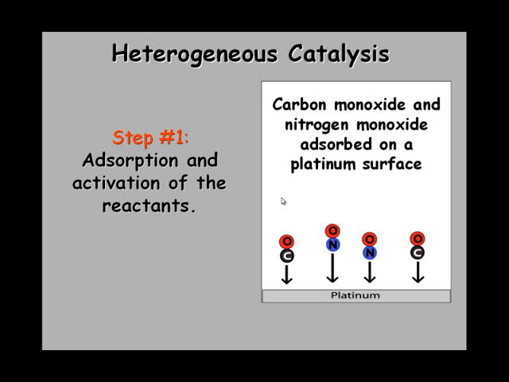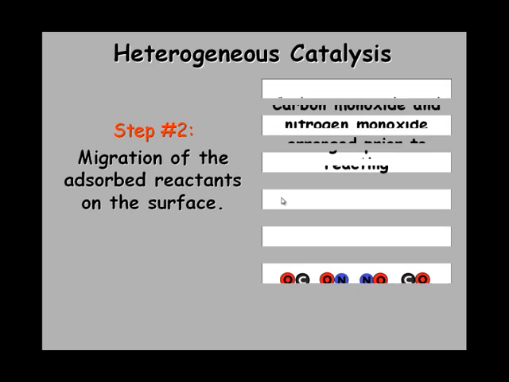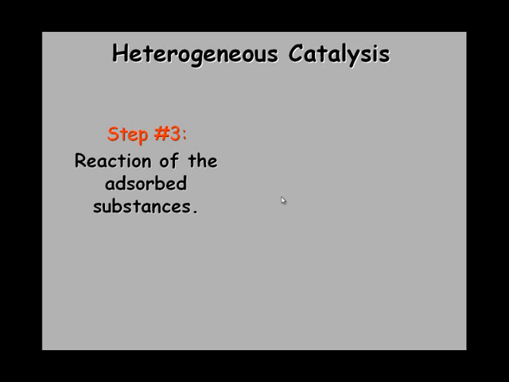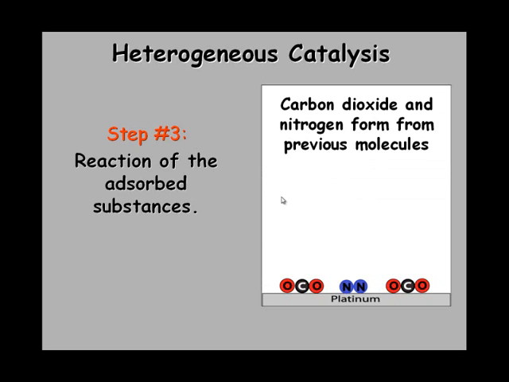So the carbon monoxide and the nitrogen monoxide molecules absorb onto the platinum surface. They then arrange themselves on the surface so as to react, and then the carbon dioxide and nitrogen form from the molecules that you saw on the previous slide.